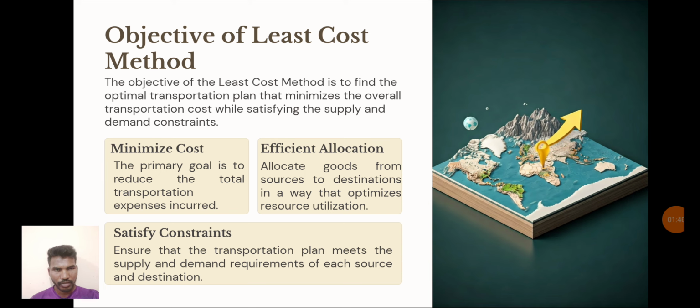Minimize cost: the primary goal is to reduce the total transportation expense by efficiently allocating goods from sources to destinations in a way that optimizes resource utilization, satisfies constraints, and ensures that the transportation plan meets the supply and demand requirements of each source and destination.